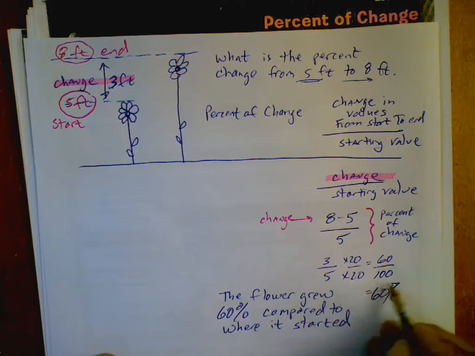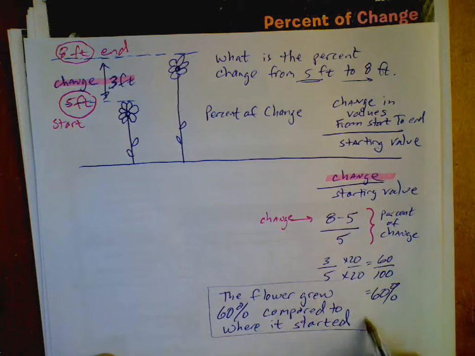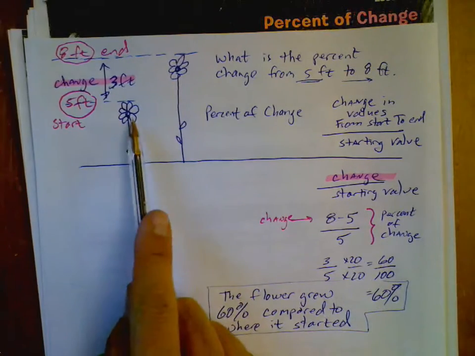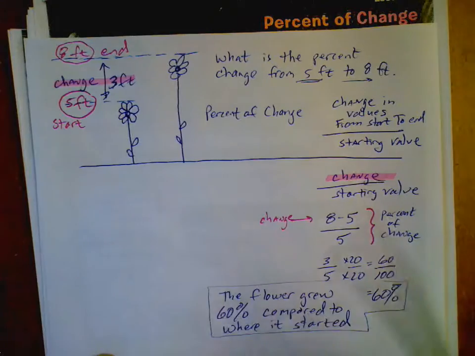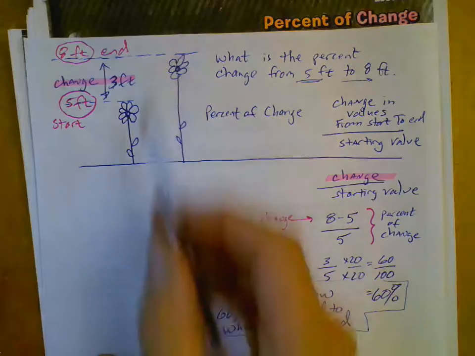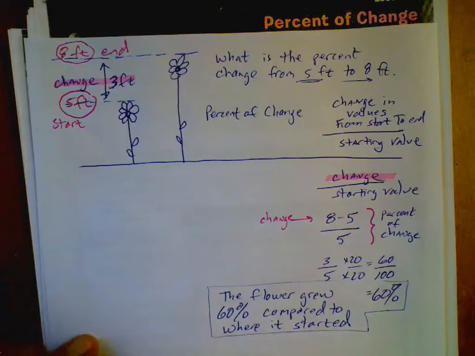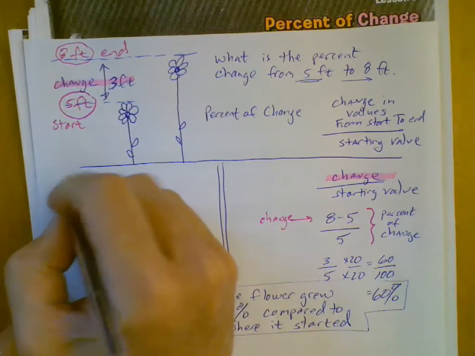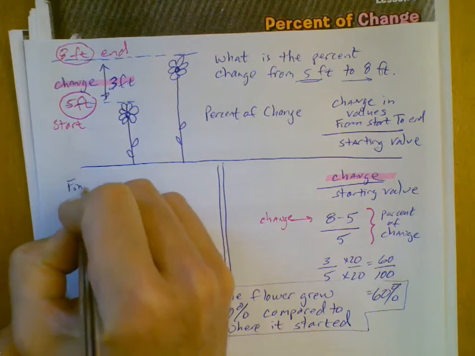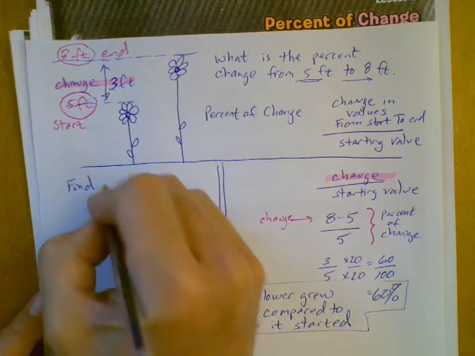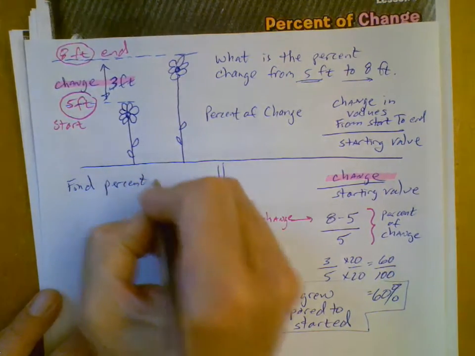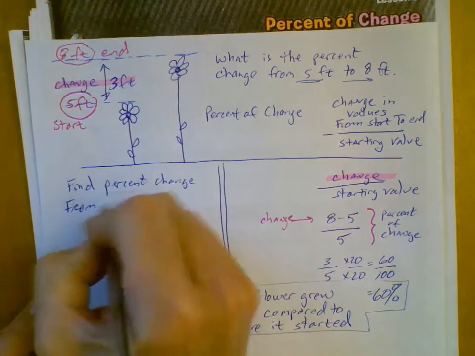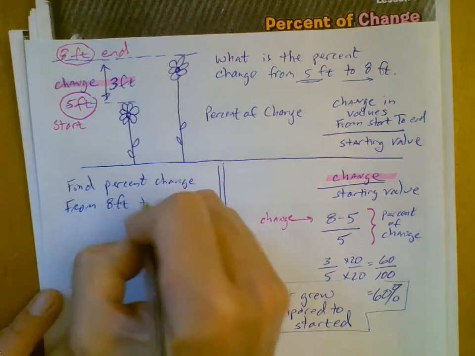So the 60% change, this 60% increase, because it grew, is 60% compared to this height here, 5 feet. And in class, we asked the question, what if the change went the other way? Let's set up, find percent change from 8 feet to 5 feet.